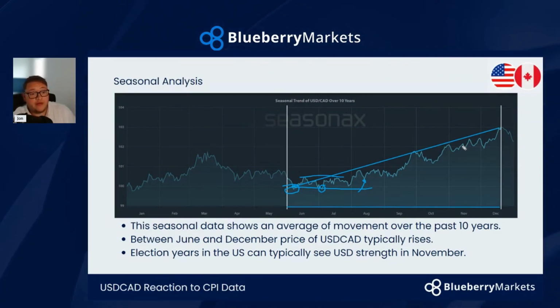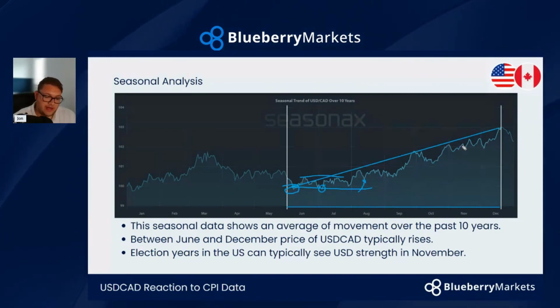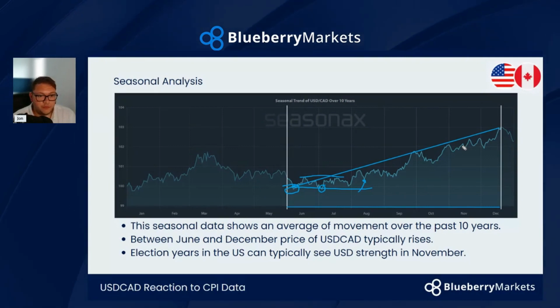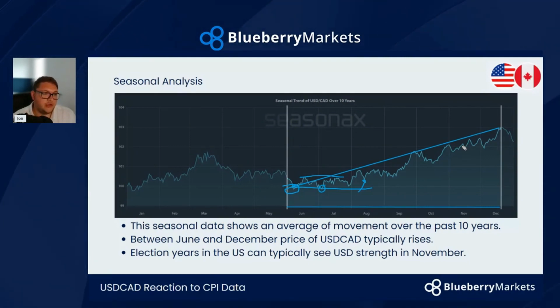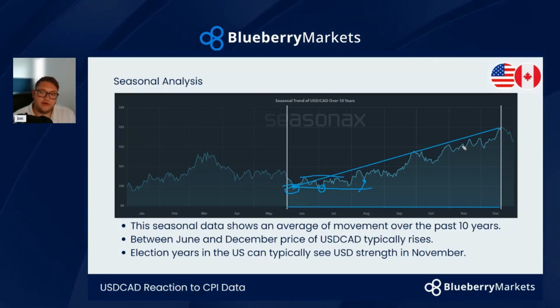Now, we do have a presidential election year this year in the US, and that can also have its own seasonal pattern. The US dollar does typically weaken in the year of a presidential election, but then in the couple of months before the election, which is November time, we tend to see quite a strong US dollar, and the after effects of an election are usually followed by again a strong US dollar.